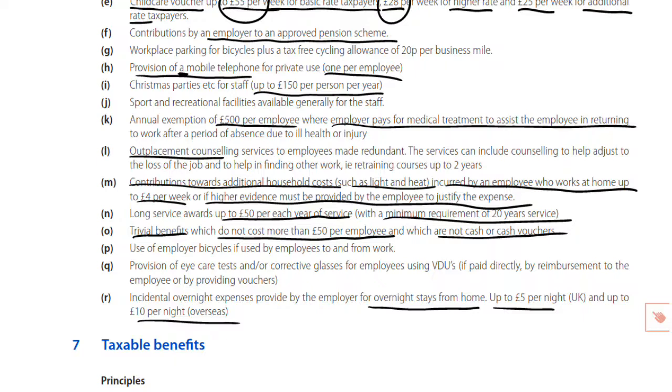So if you were told it was £8 per night for the UK, the whole £8 is assessable. It's not 8 minus 5. If you were told it was £15 a night for overseas, the whole £15 is taxable. It's not 15 minus 10.